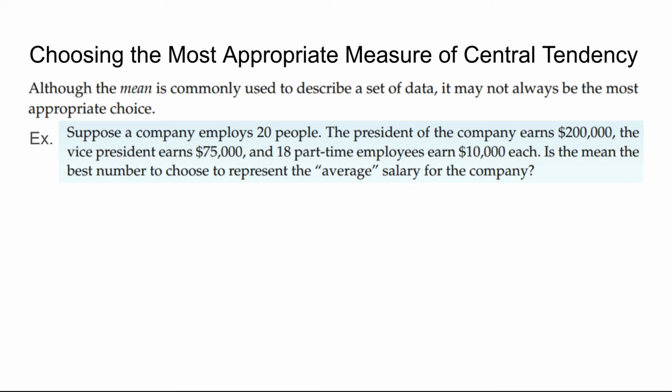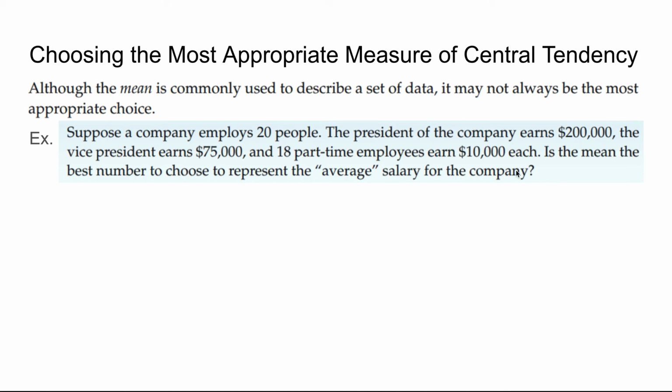The president of the company earns $200,000. The vice president earns $75,000. Oh, big difference. And 18 part-time employees earn only $10,000 each. So very low, right? So there's a big gap between the president's salary and 18 part-time employees' salary.